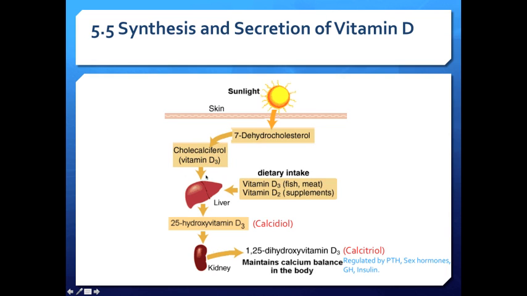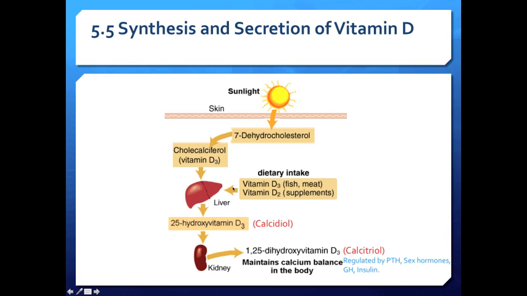That's one way of getting it. You can also get vitamin D3 by dietary intake. Vitamin D3 is a nutritional supplement that's high in concentrations in fish and meats, and you can also take it as supplements, usually in the form of vitamin D2.